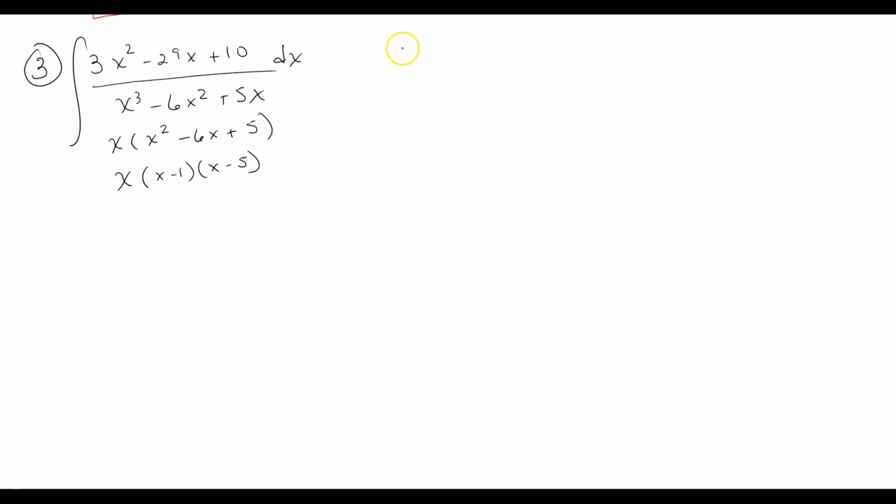Well, now that we've got that in place, I have 3x squared minus 29x plus 10 over x times x minus 1 times x minus 5, and I have now 3 partial fraction decompositions that I'm going to set this equal to.